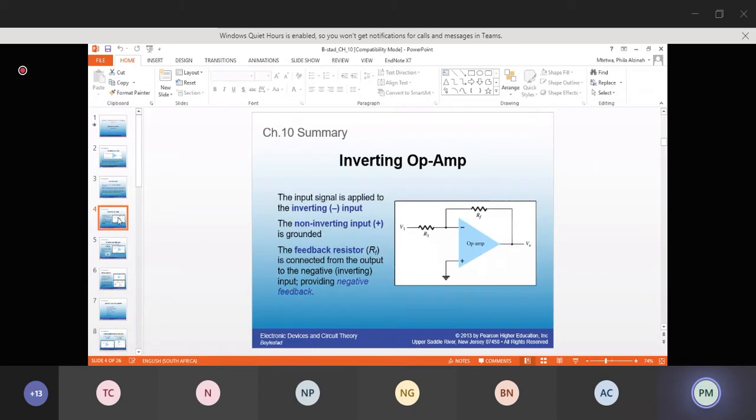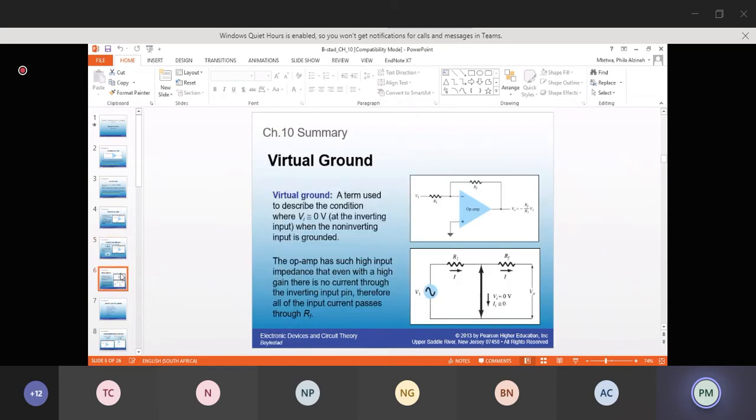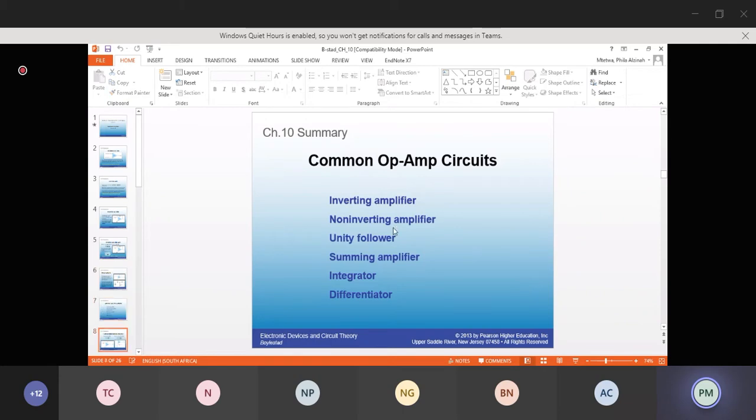Yes, I will give you a tutorial that might expose you to calculations of just a few, like an inverting amplifier and a non-inverting amplifier, as well as the summing amplifier.